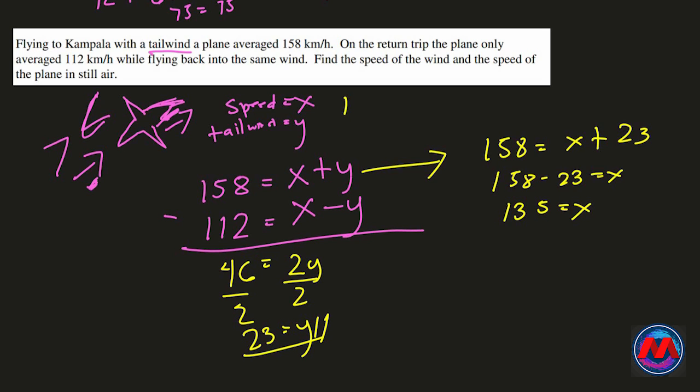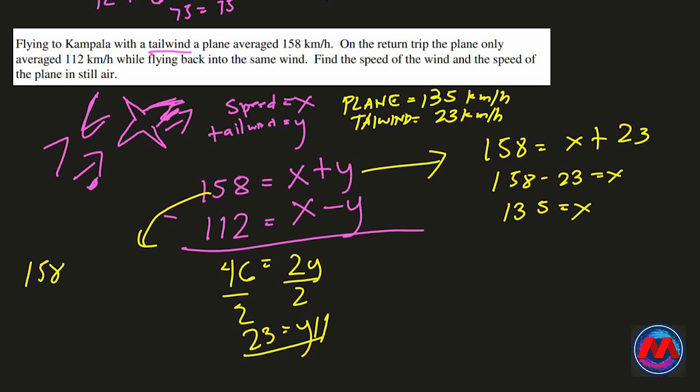So, ngayon, ang speed ng plane, the plane has a speed of 135 kilometers per hour, while the speed of the tailwind has a speed of 23 kilometers per hour. So, let's check that here.